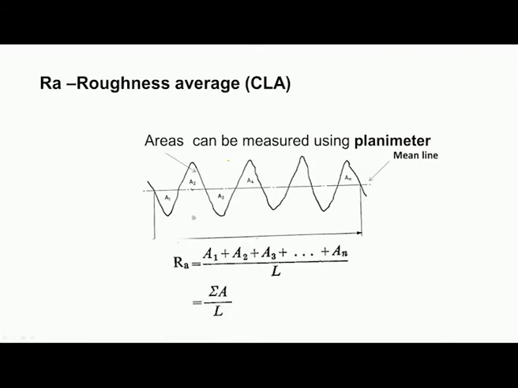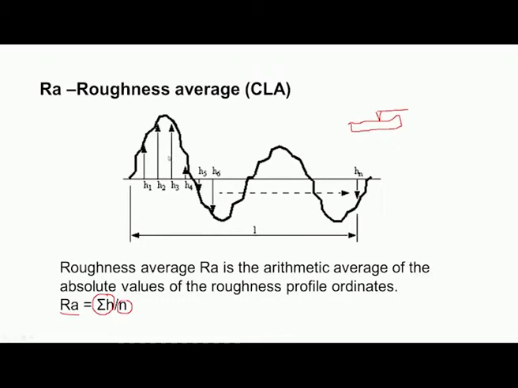Now, in the previous case, when we select the ordinates at regular intervals, some of the important ordinates we may miss. For example, here we have this peak, so this peak will be lost. Similarly, if we draw H7 here, we will lose this valley depth.